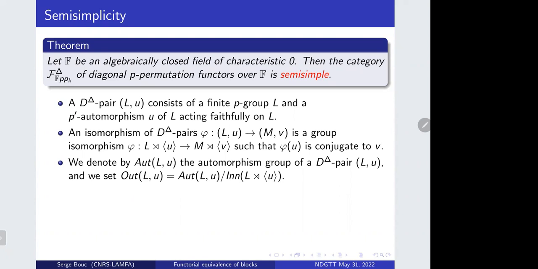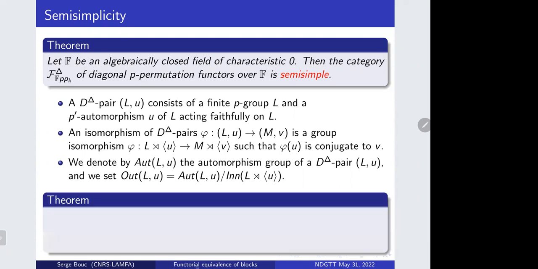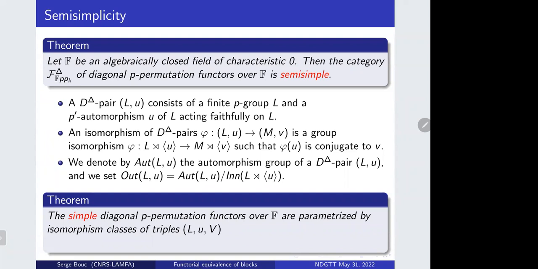With this notation, we get the following result. The simple diagonal p-permutation functors over F, up to isomorphism, are parameterized by isomorphism classes of triples (L, u, V), where (L, u) is such a D delta pair, and V is a simple module for this outer automorphism group of (L, u) over the field F. In other words, it's simply an irreducible character of this group.